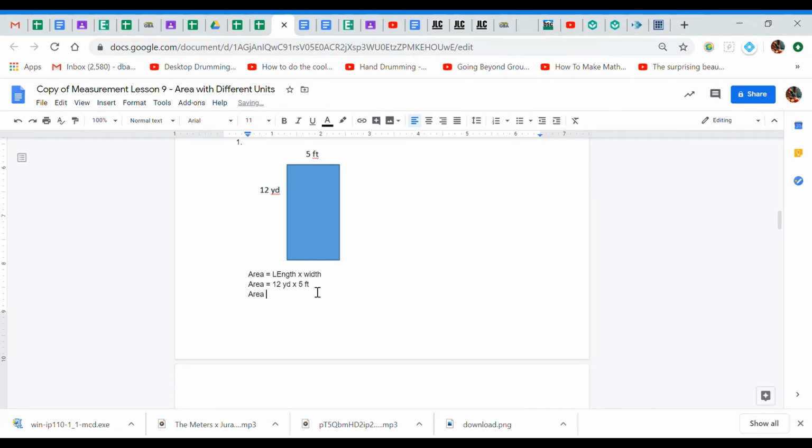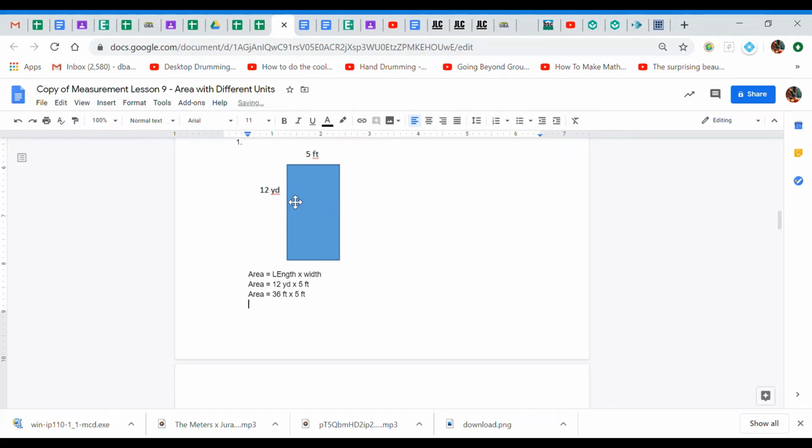Area. So it's going to be 12 times 3 because there's 3 feet in each yard. So I can do my conversion chart. You can look below to prove that. So 12 times 3 is 36. So it's 36 feet times 5 feet. And that's just easier.